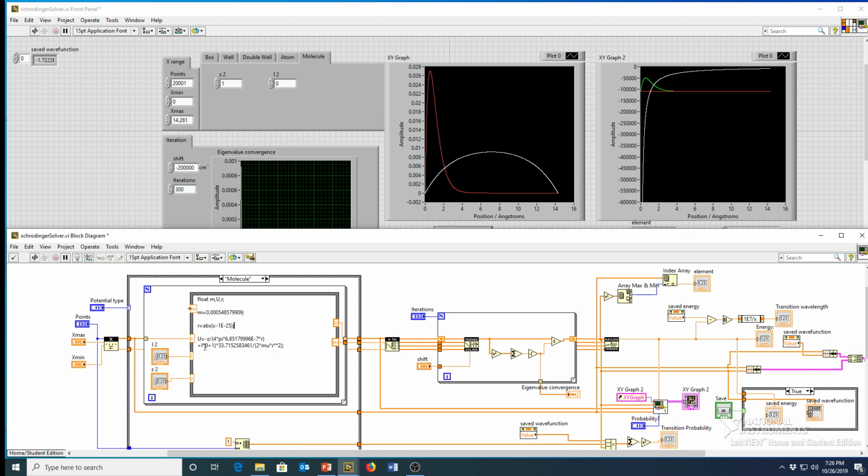Second thing we can do is delete this effective potential term that was accounting for our centrifugal potential, because we are no longer in a spherically symmetric environment here, so that will be meaningless.